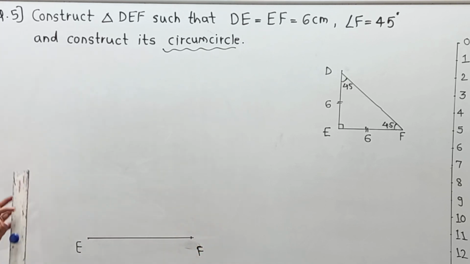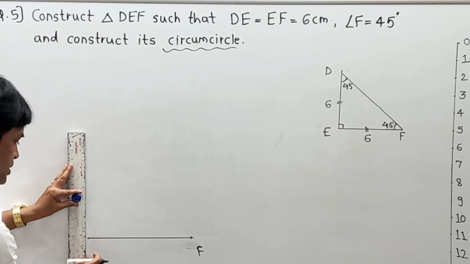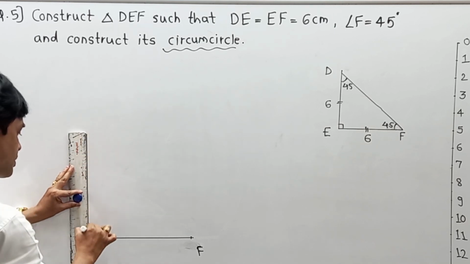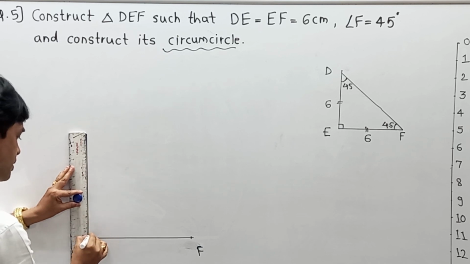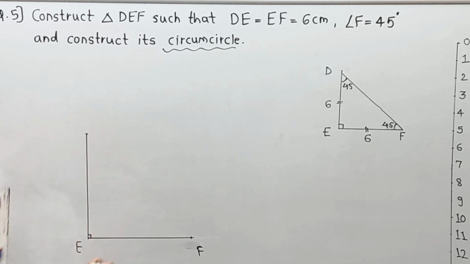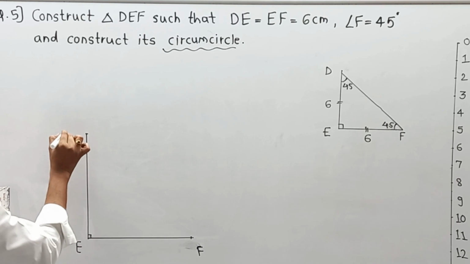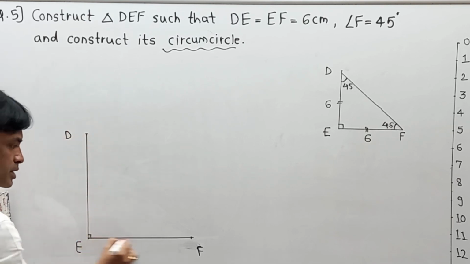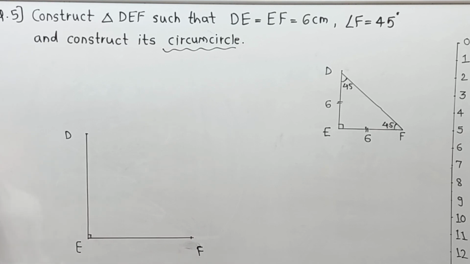Now I am going to take a right angle with the same distance over here. And this distance is DE. Now D to E is also 6 centimeter, E to F is also 6 centimeter.